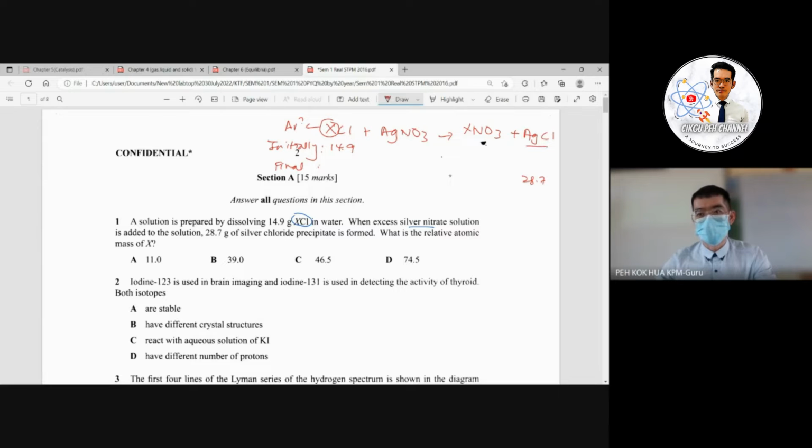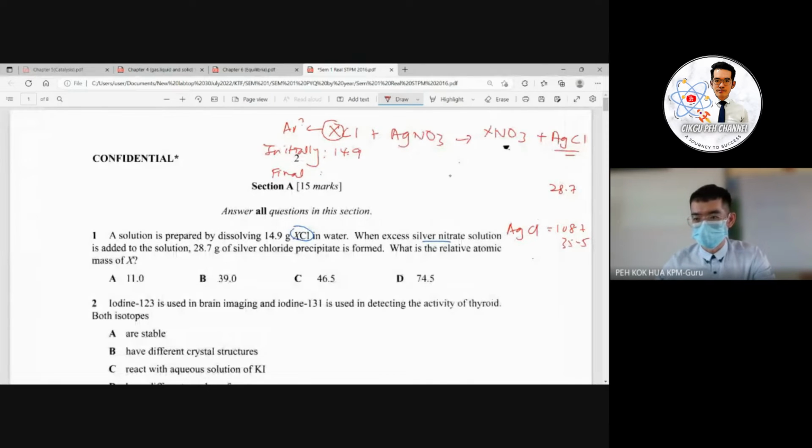But here we know it is silver chloride. So the relative mass for AgCl will be 108 plus 35.5, so you get 143.5 grams. So the number of moles for silver chloride will be 28.7 divided by the molar mass, so we get 0.2 mole.